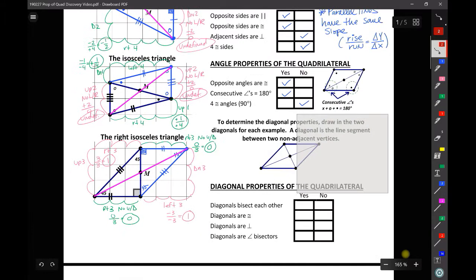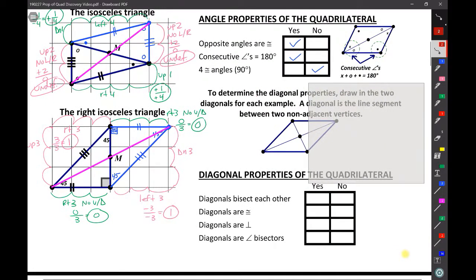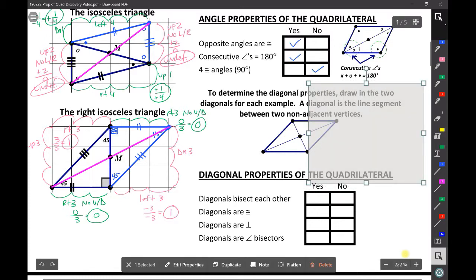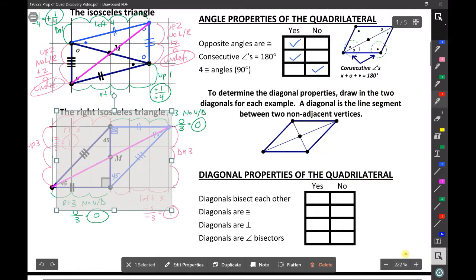So let's just talk a little bit about how we're going to do that. You're going to take your patty paper, and you're just going to use some of the outside leftover pieces of it that kind of match along. Again, mine's not drawn on, but yours would be. So just find some extra space somewhere on your patty paper.